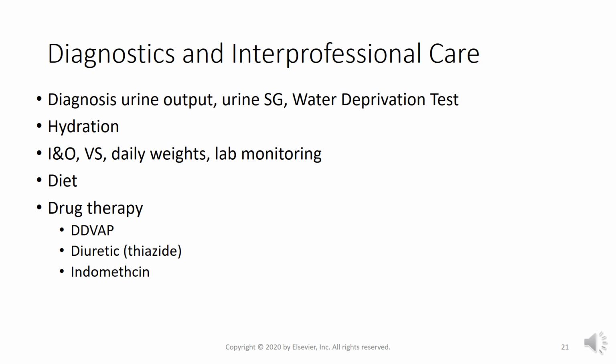I apologize, I just said that last statement backwards. Indomethacin would cause increased renal responsiveness to the ADH and therefore cause decreased urine output. And we can go over any questions that you have on SIADH and diabetes insipidus when we have our live session next class.